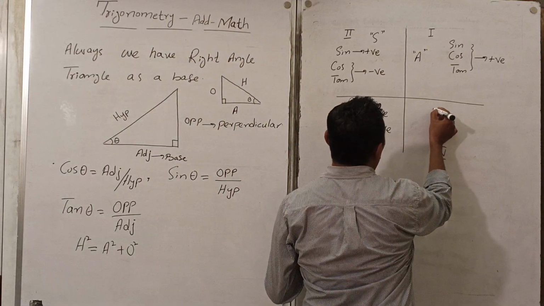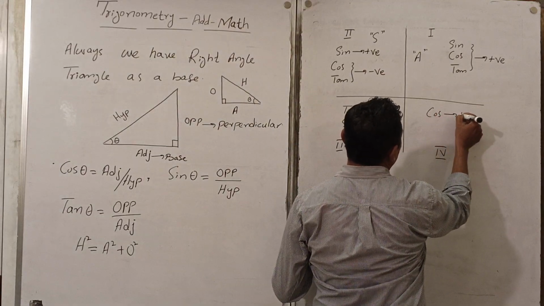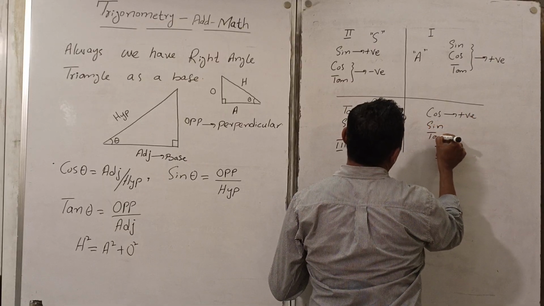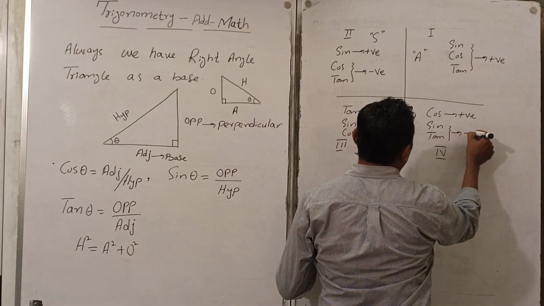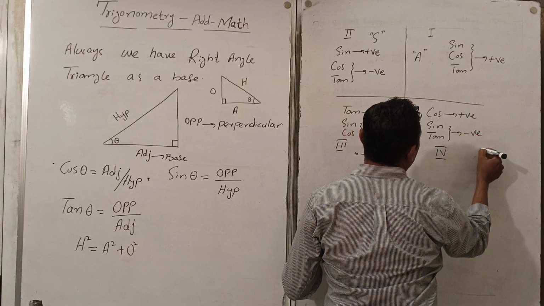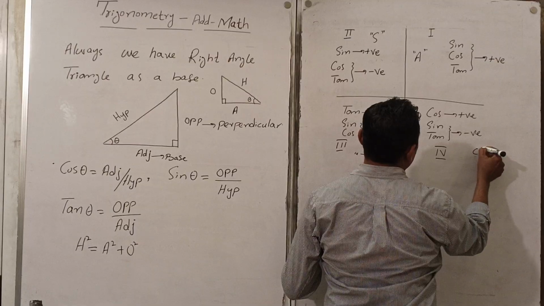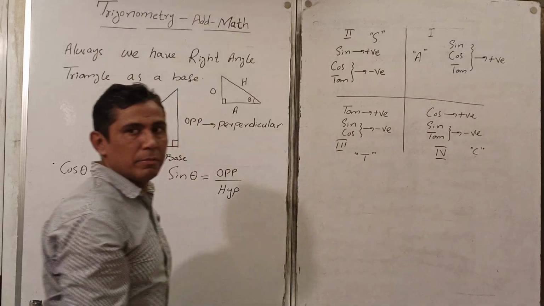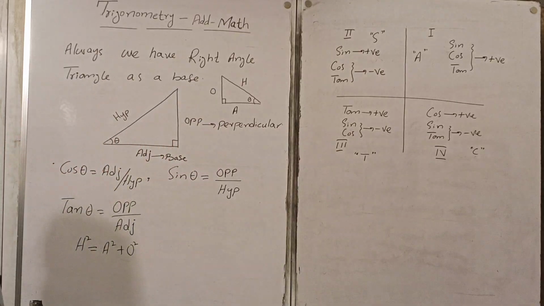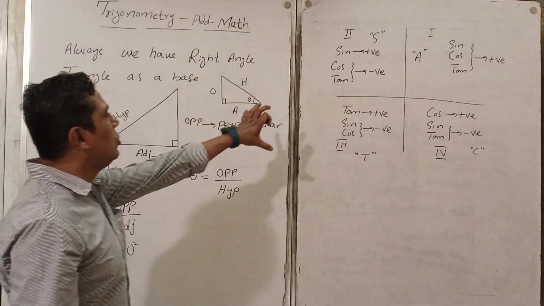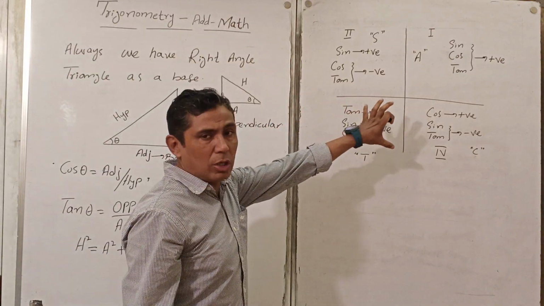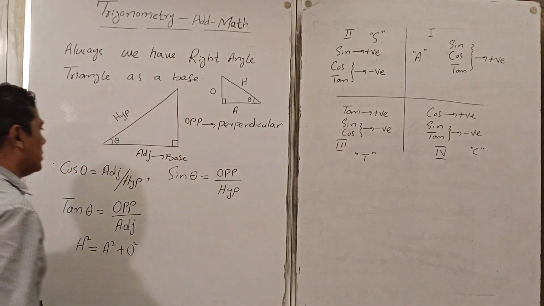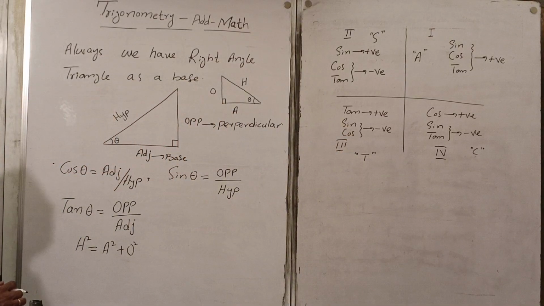In the last quadrant, cos is positive. So sine and tan are negative. That's why we write here C. So ASTC. Clear? ASTC. Right? So now you have to be clear about where cos theta is positive, where sin theta is positive, and where tan theta is positive.